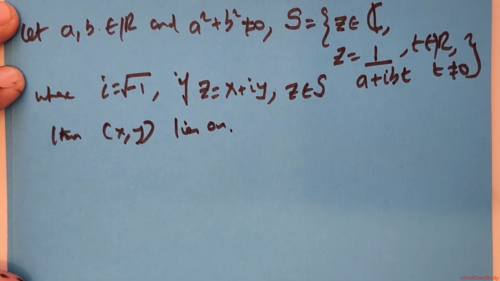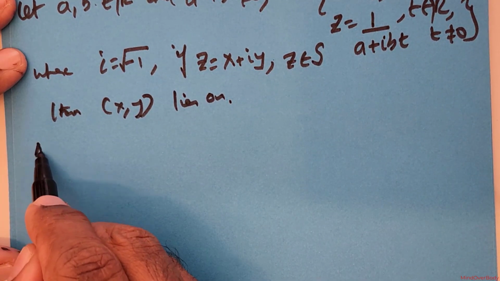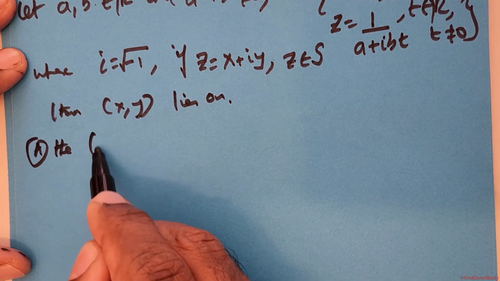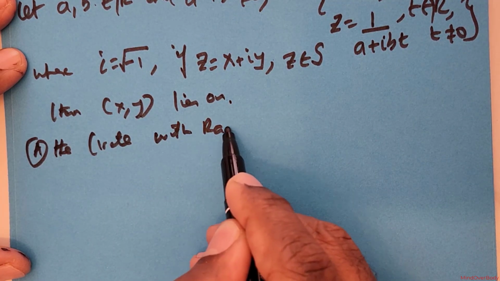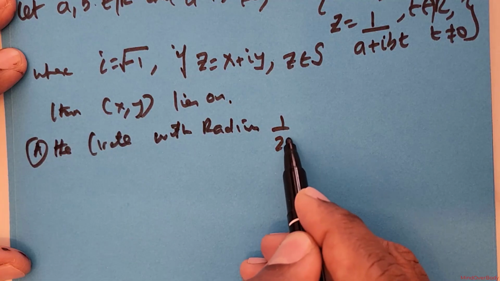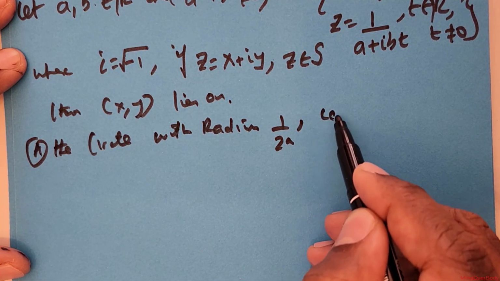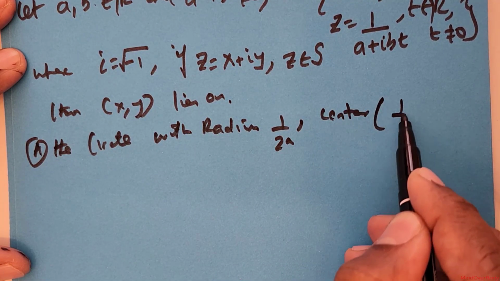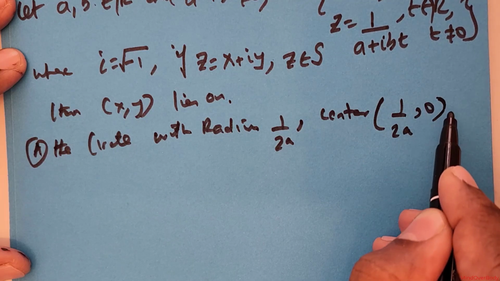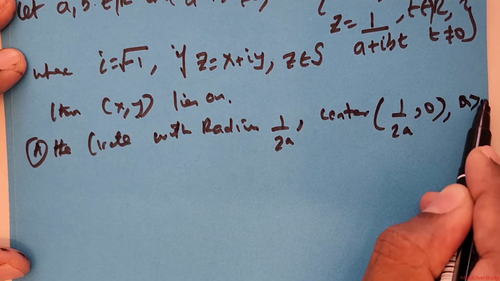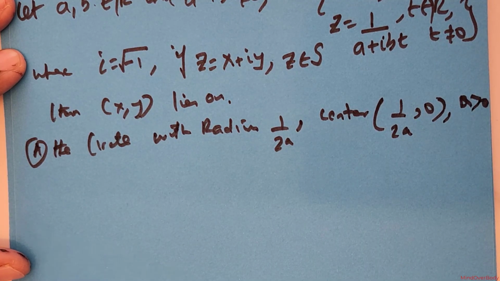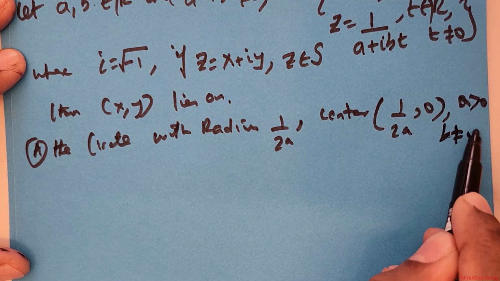Now we have been given the following choices. Choice number 1 is the circle with radius 1 over 2a and center 1 over 2a comma 0, and a is given to be greater than 0, and b is not equal to 0.